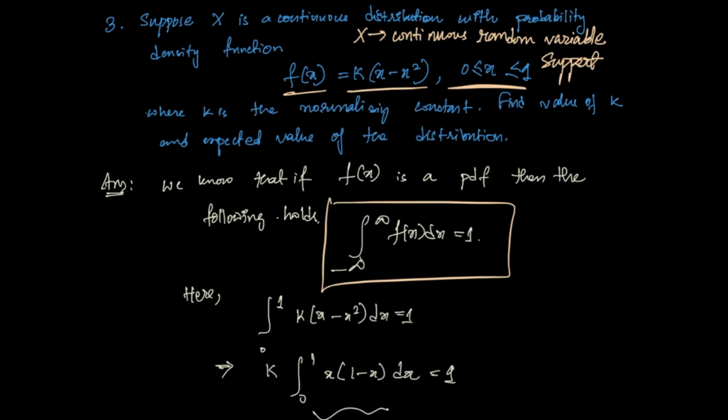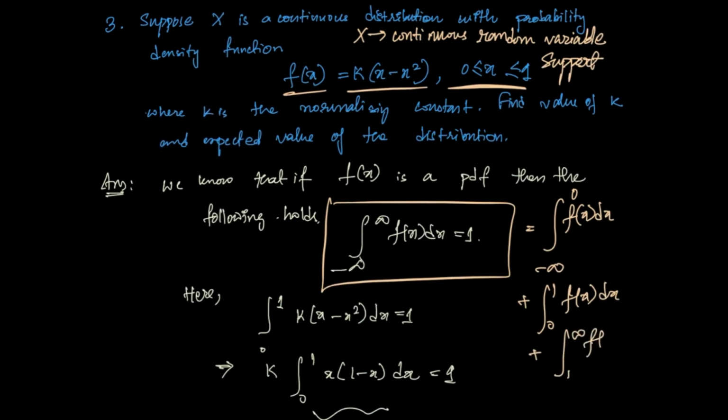Now this minus infinity to infinity can actually be taken like this: minus infinity to 0 of f(x) dx, plus 0 to 1 of f(x) dx, plus 1 to infinity of f(x) dx. This thing should be 1.